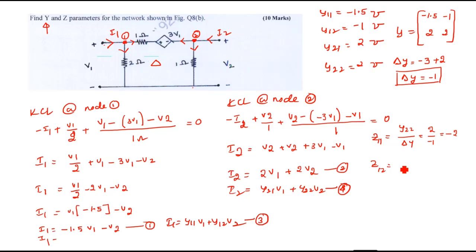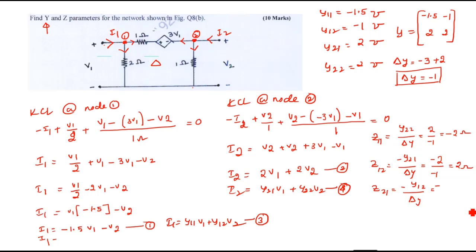What is Z12? Z12 equals minus y12 divided by delta of y. What is y12?